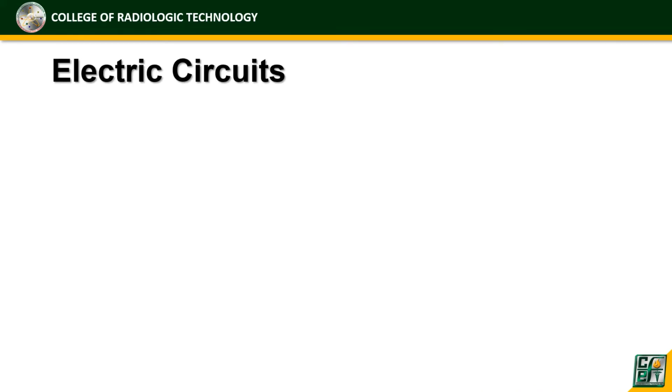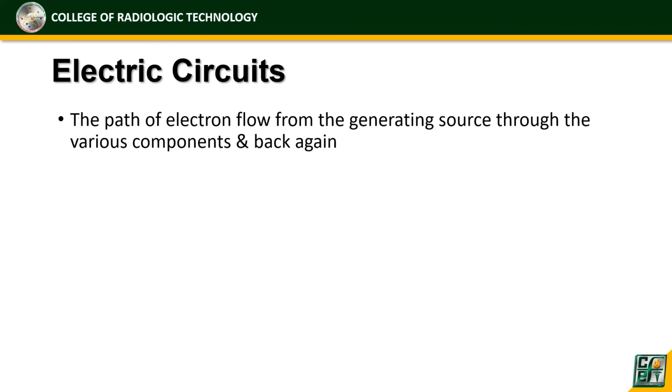Okay, electric circuits. So basically, ito yung pinaka-topic natin, di ba? Okay, this is the path of electron flow from generating source through the various components and back again to the generating source of energy.